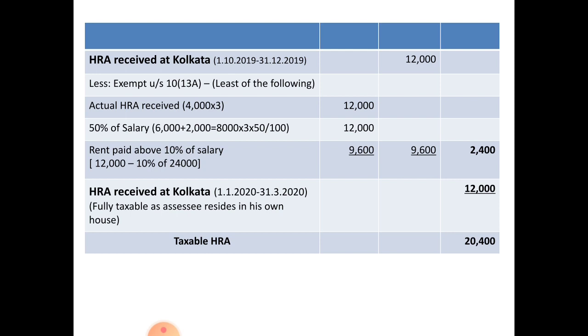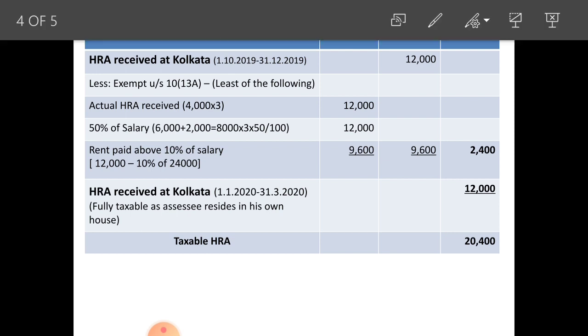But the difference is in the percentage of salary. Here Kolkata means a metropolitan city. As I told you in the previous sessions, 4 cities are considered as metropolitan cities, that is Delhi, Mumbai, Chennai and Kolkata. Here you have to consider 50% of salary.